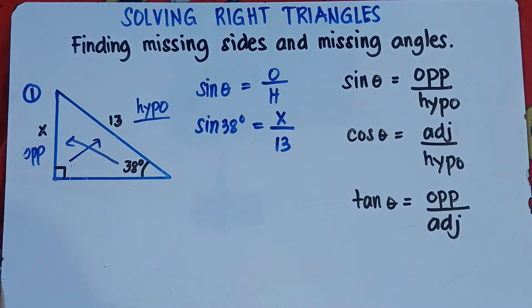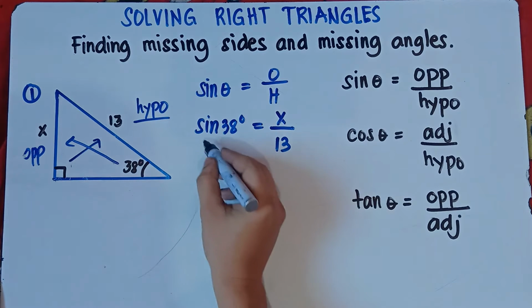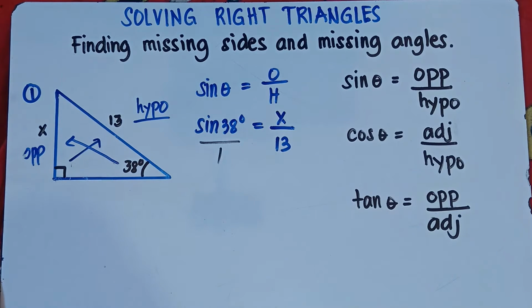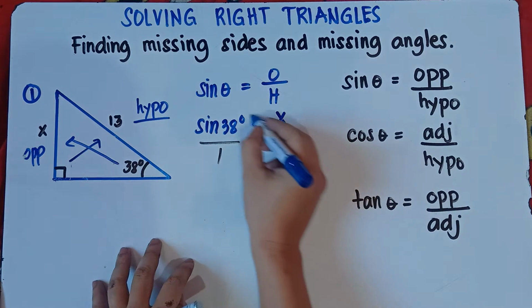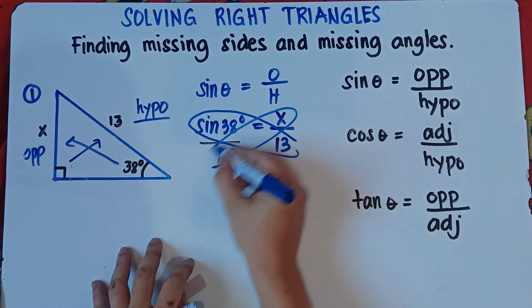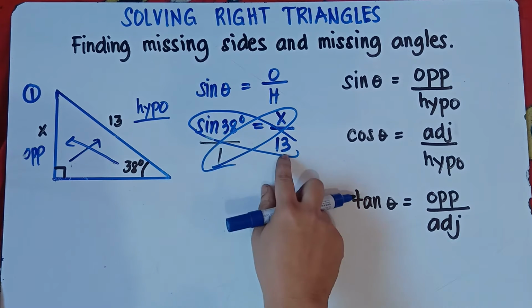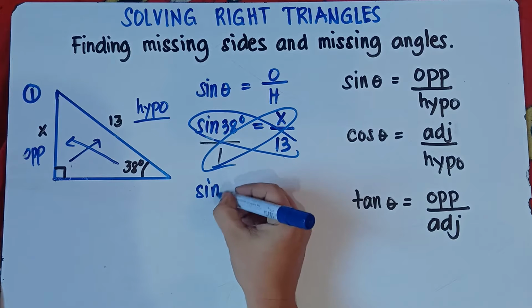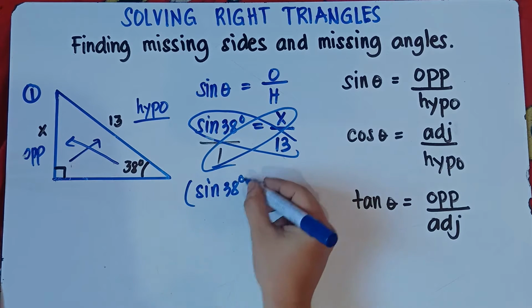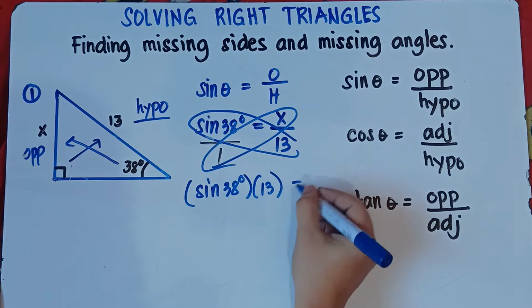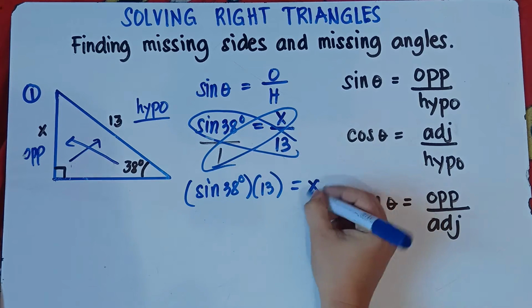So to find x, simply cross multiply. Understood that there's a 1 here. So this will be sine 38 degrees times 13 is equal to x times 1, that is x.